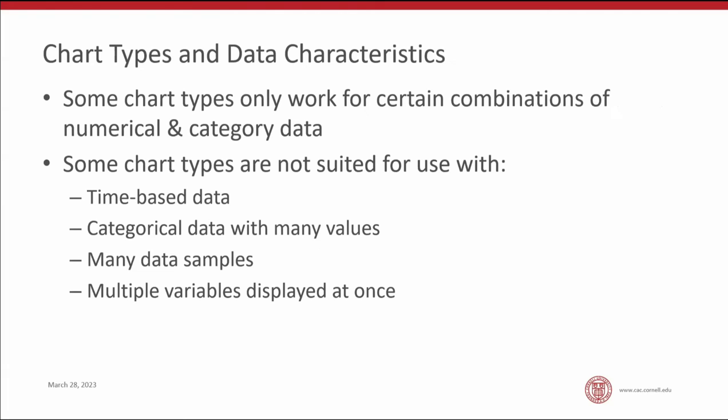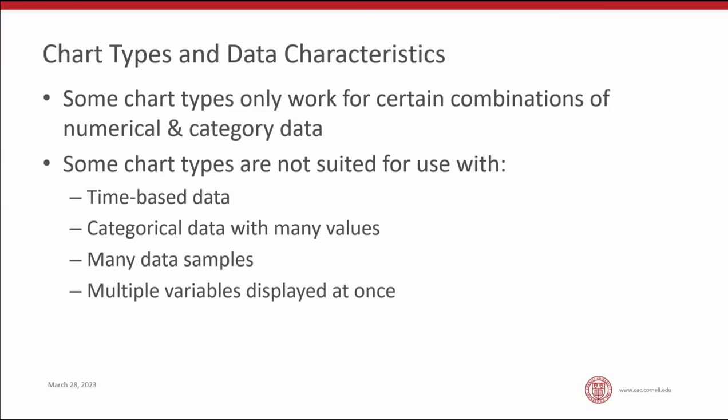So while we're doing this, we're going to see that certain combinations of numerical data and category data can't be used in some kinds of charts, or some charts only work with one bit of numerical data and another bit of categorical data. Some chart types work very well with time-based data and others do not.